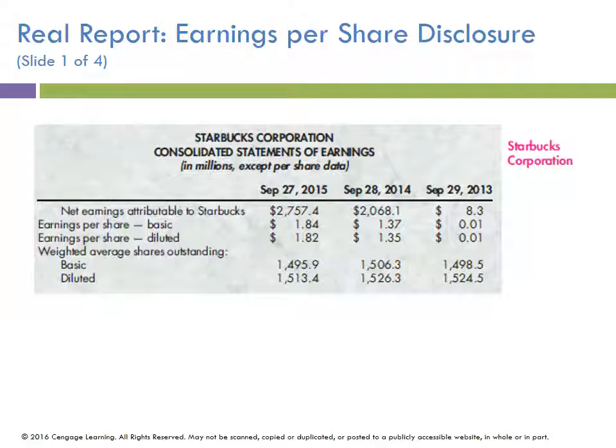Here are some earnings per share disclosures from Starbucks. You can see they report diluted earnings per share, and it's always either equal to or less than basic earnings per share. They even show you how they have their basic and diluted weighted average shares outstanding.